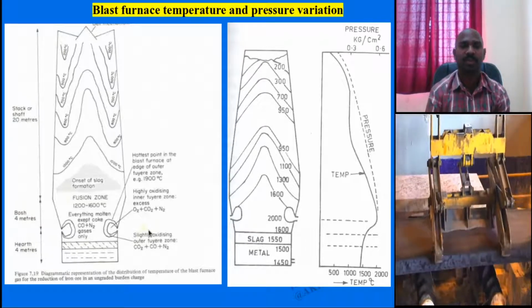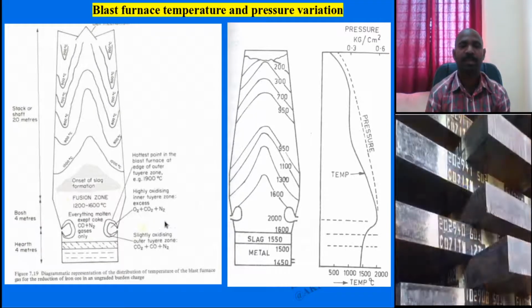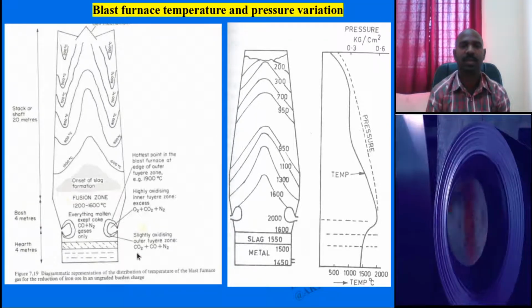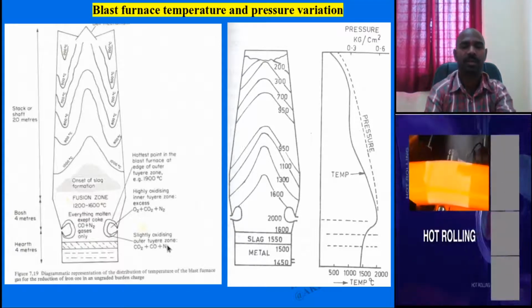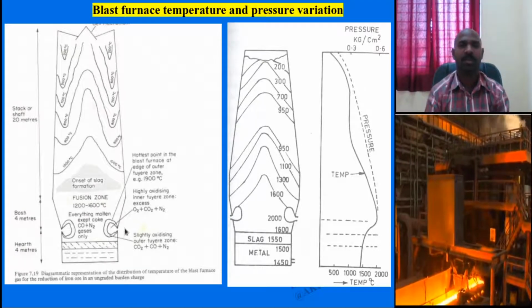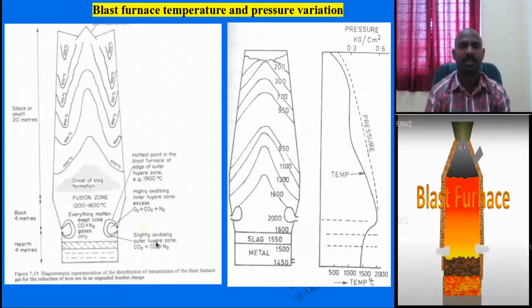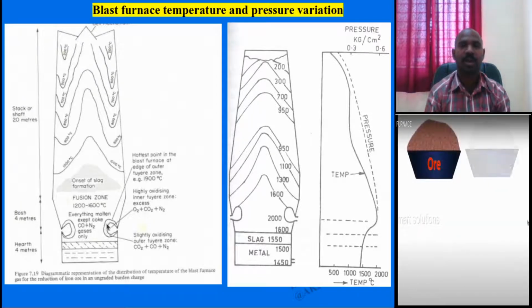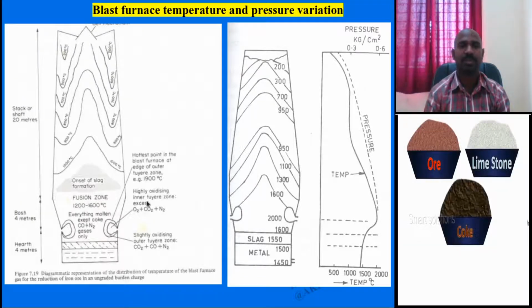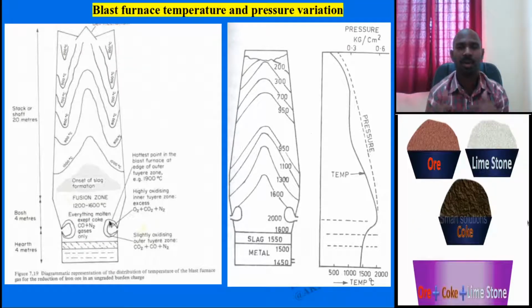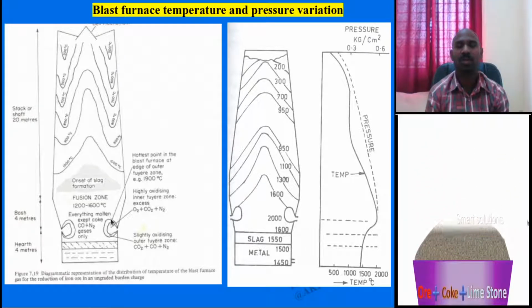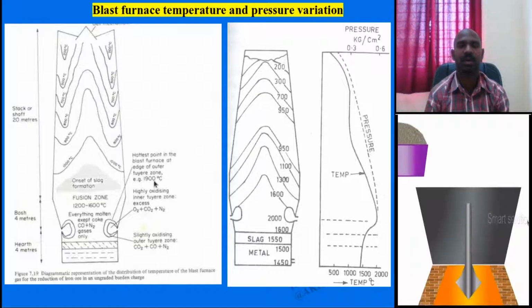And coming to the oxidizing, since you are sending air, as air is composed of O2 and nitrogen, around the tuyere initial state it is an oxidizing atmosphere, and as it goes inside, as coke fuel, flame burning starts, highly oxidizing as it moves upward, and when it is vertically standing, that temperature is around 1900 degrees Celsius.